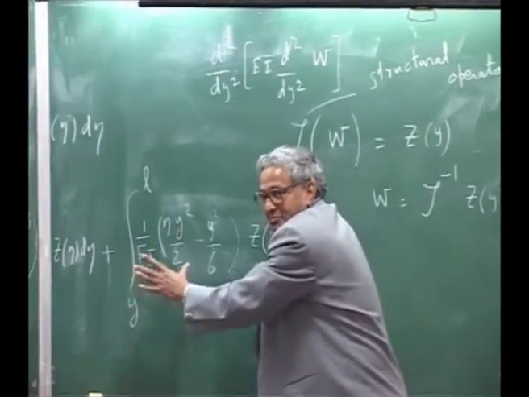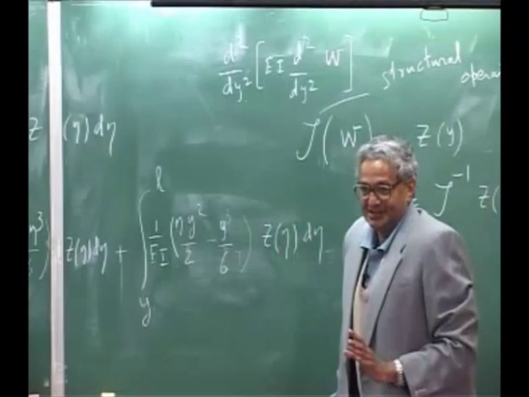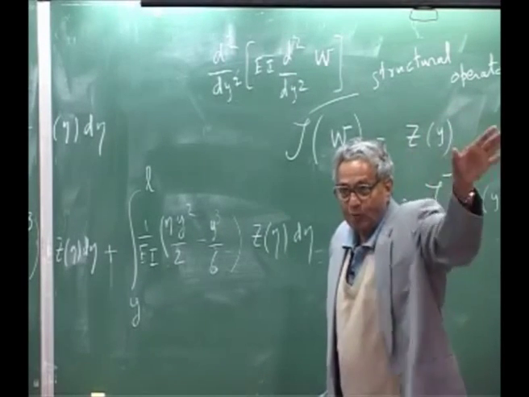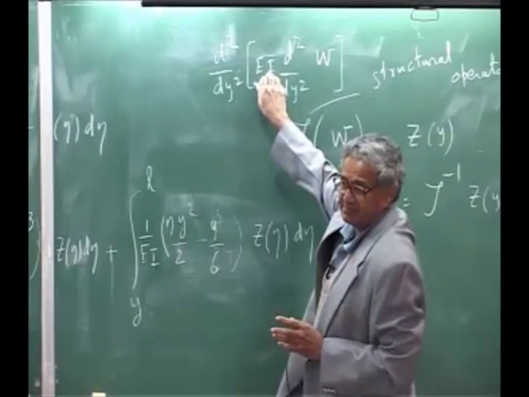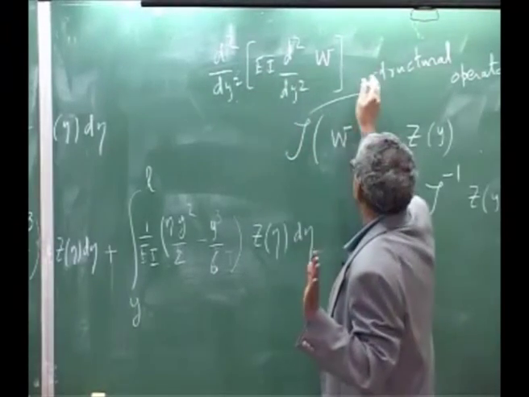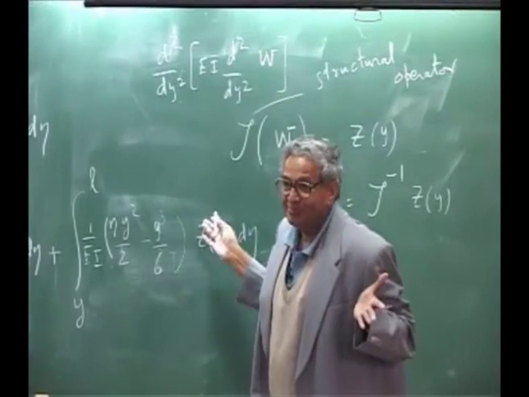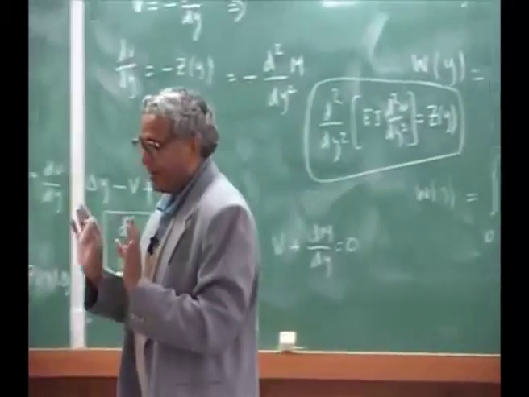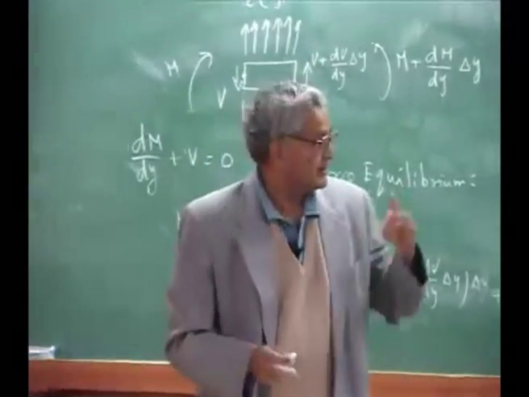This is an example problem which we solved with constant EI, because that equation we used. So you have to clearly know what assumptions we have made at what point in getting this solution. This is very general, but again, it is Euler-Bernoulli beam theory. This whole thing equals Z(y). Okay, so next class we will study how the energy method is applied for getting the deformation of the beam.